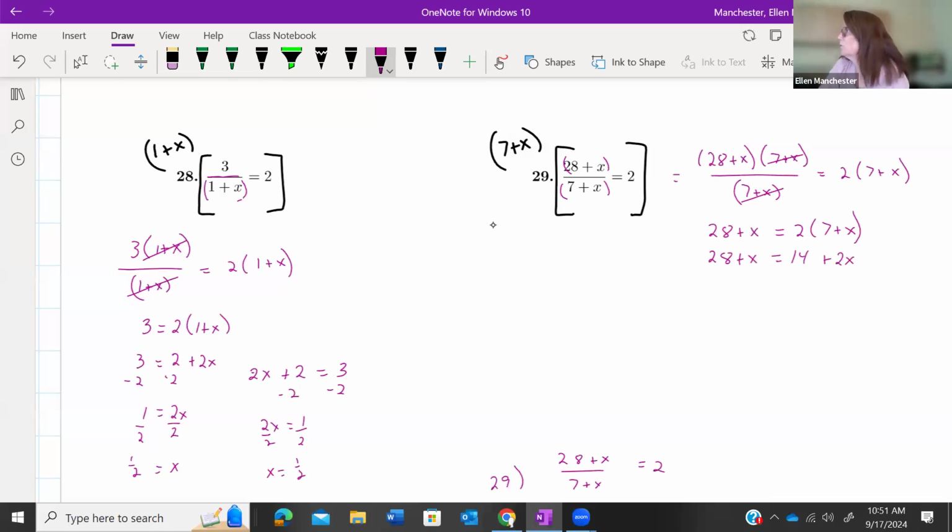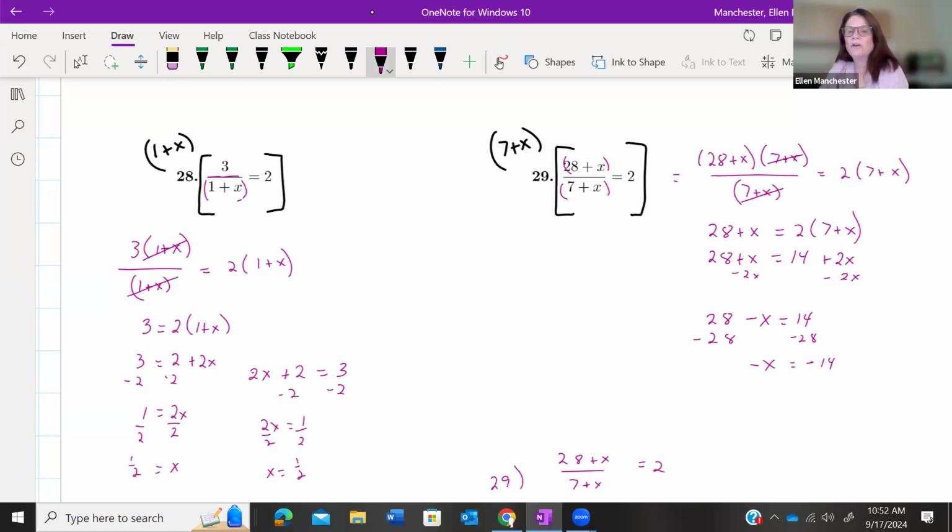And then we're going to move the 2x over. And then I'm going to move my 28 over. So I get negative x equals a negative 14.